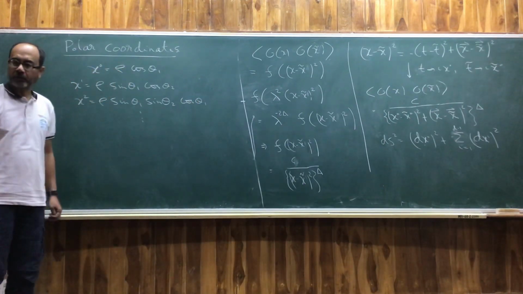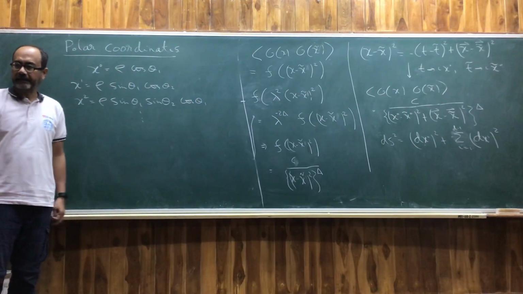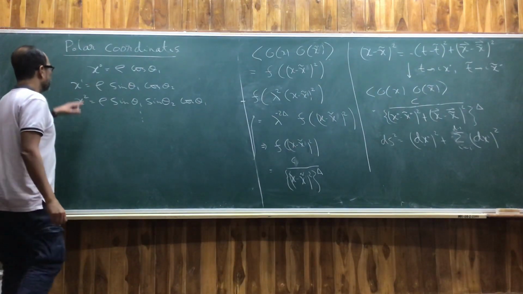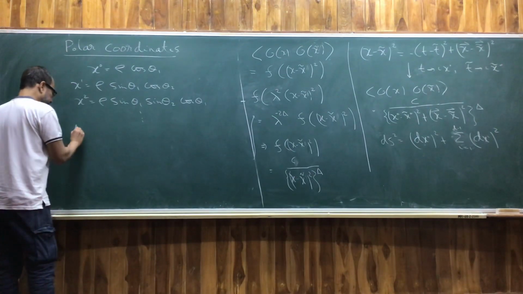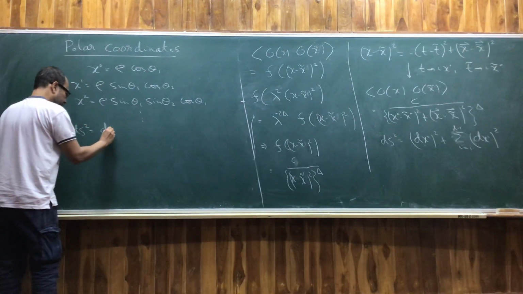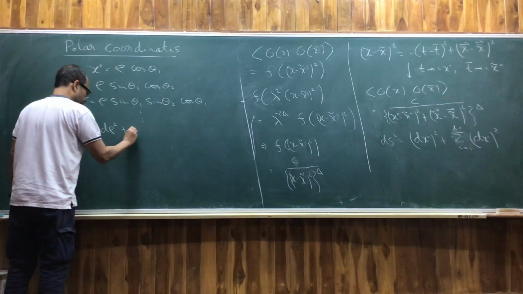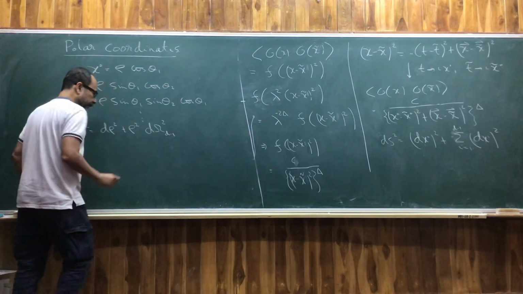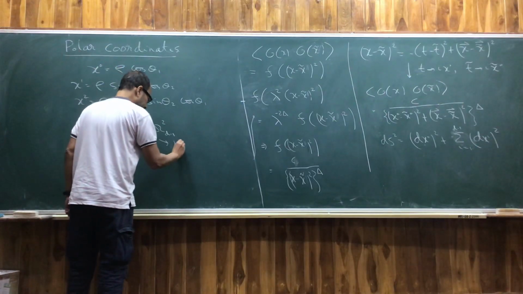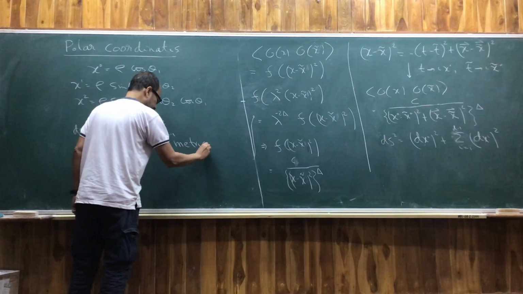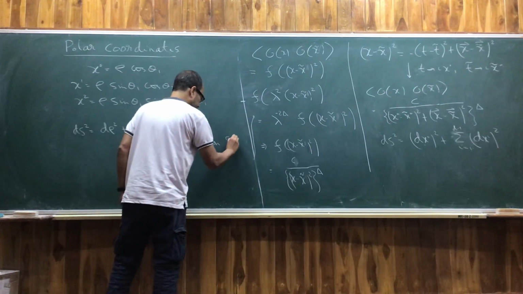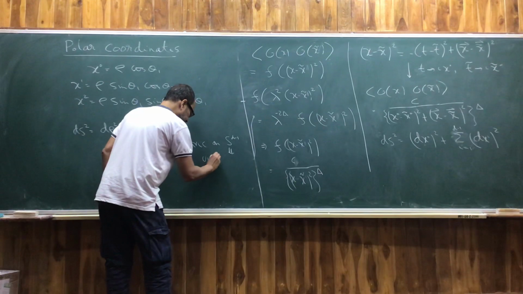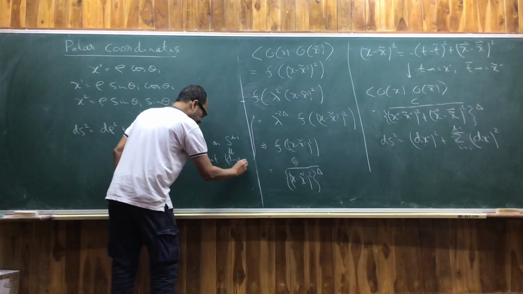This is the standard way we introduce polar coordinates in Euclidean space. In these polar coordinates, the metric becomes d rho squared plus rho squared d omega d minus 1 squared, where this is the metric on the unit S d minus 1, the unit d minus 1 dimensional sphere.